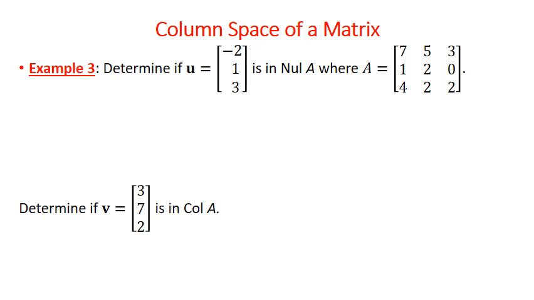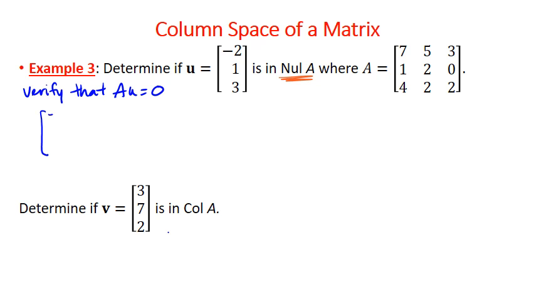Okay, so here we have vector U and matrix A, and we want to determine if this vector is in the null of A. So remember, in order to do this, we will verify that AU is equal to the 0 vector.